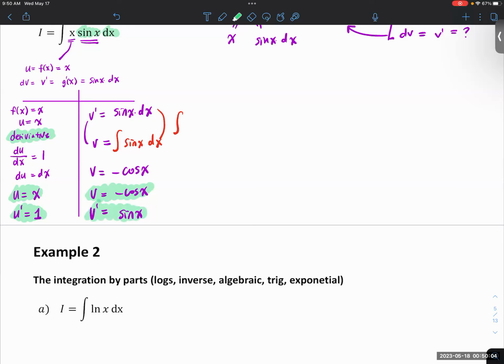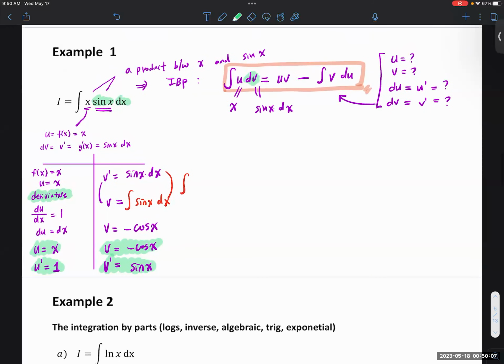Are you following? One more time, this is a very important concept, integration by parts. We don't have any skill to take the integral of this particular function. You have 2 functions, f and g, and then we're going to utilize the IBP method. According to that method, you define u as x, and v prime is a given, that's sine x dx. We have u and v prime information, but we don't have u prime and v information.